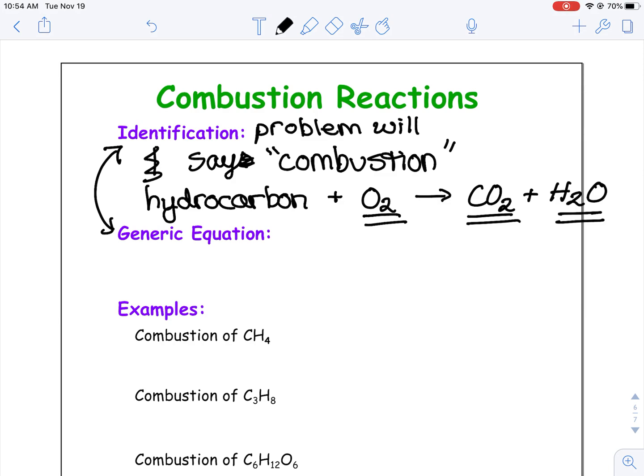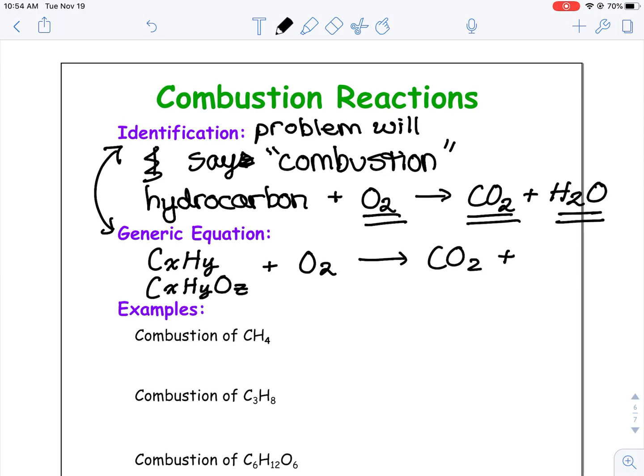So you have to memorize for a combustion reaction that the second reactant is always O2 and the products are always CO2 and H2O. So in my generic equation, your first compound's either going to be something with carbon and hydrogen in it or something with carbon, hydrogen, and oxygen. And then the other reactant's always O2. The products are always CO2 and H2O.